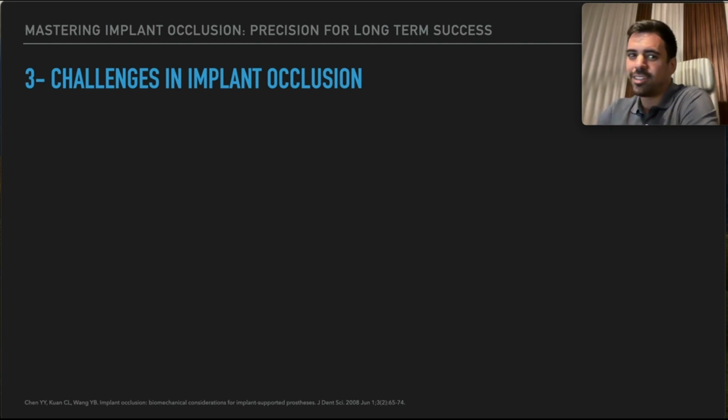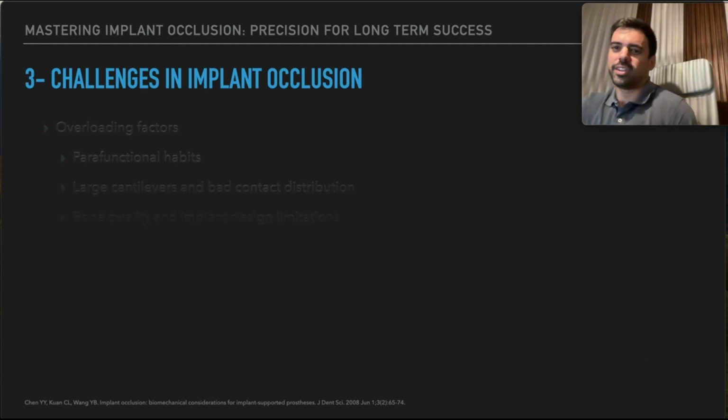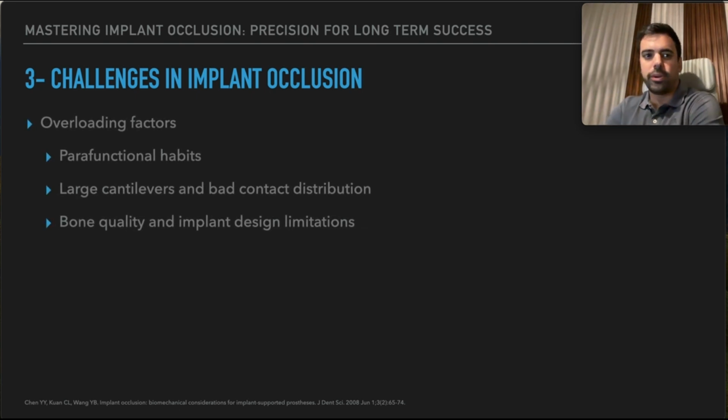So what are the challenges we're going to find in implant occlusion? And this is the core of the presentation. We're going to see all the overloading factors. We're going to talk about parafunctional habits. We're going to talk about the cantilevers and how the distribution of those cantilevers can affect the load on the implants. And then the implant design. And that the bone quality also has a role in this, but not as much.